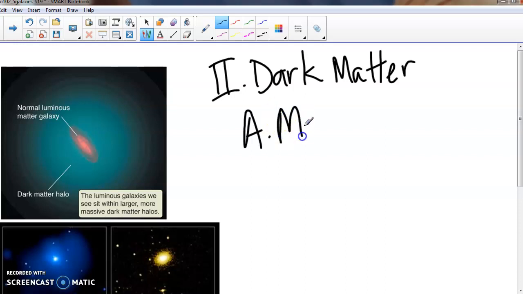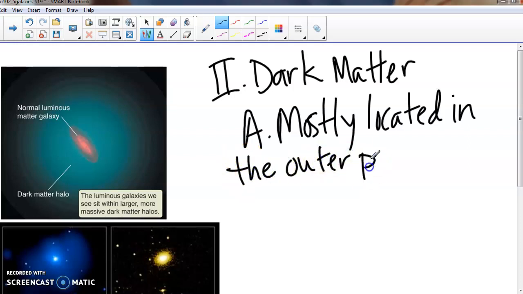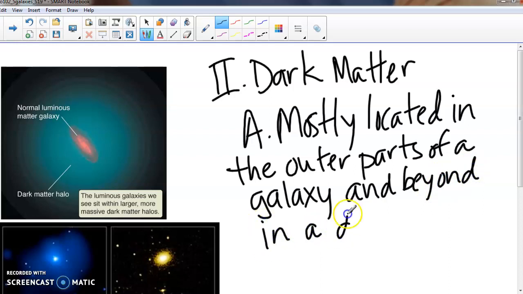Well, we know from the flat rotation curves that this stuff has to mostly be located in the outer parts of a galaxy, and in fact beyond what we can see of the galaxy itself, in what we call a dark matter halo.